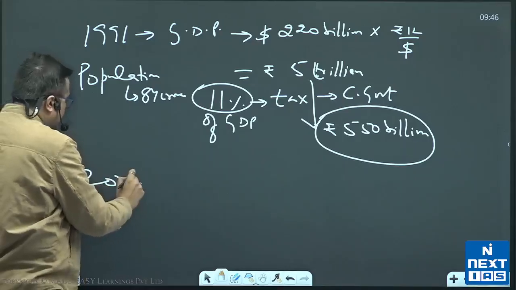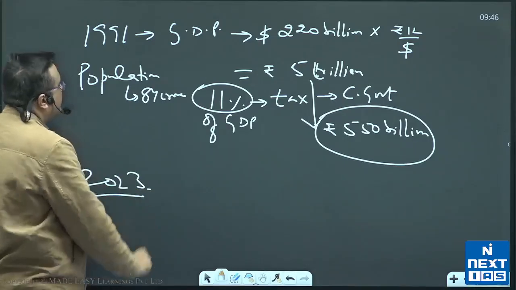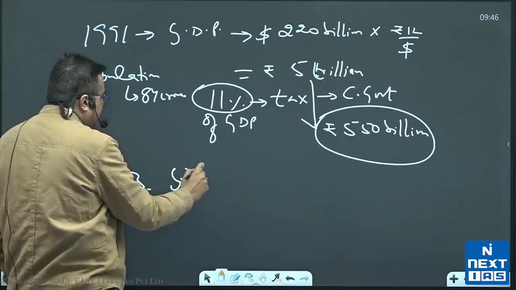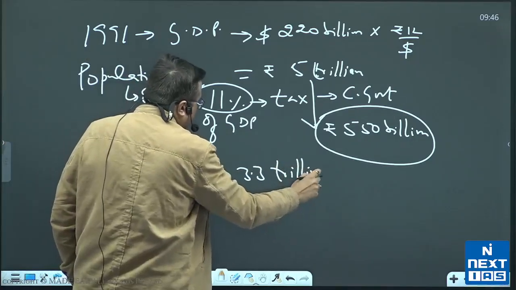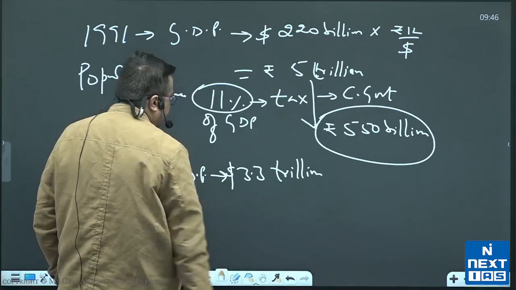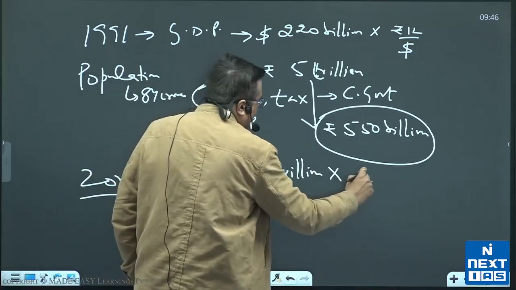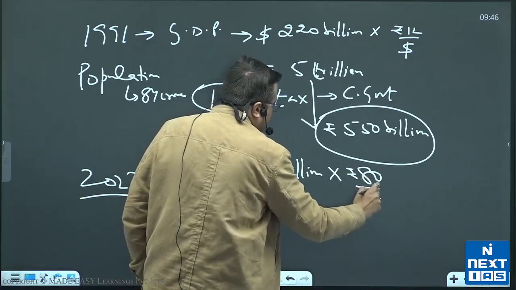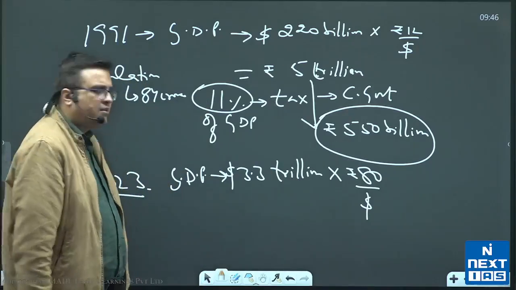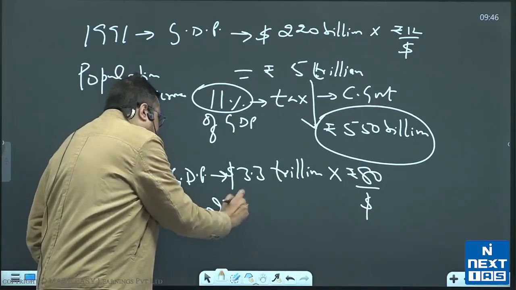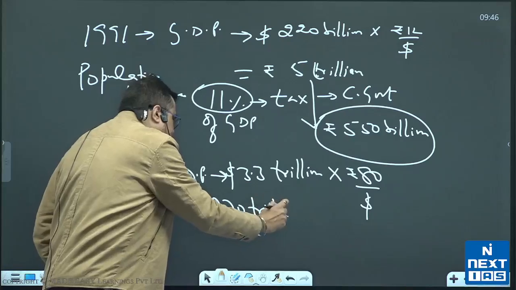You bring it to 2023, our GDP goes up to $3.3 trillion at an exchange rate of around 80 rupees a dollar. That is where we are. So it is around 270 trillion rupees.